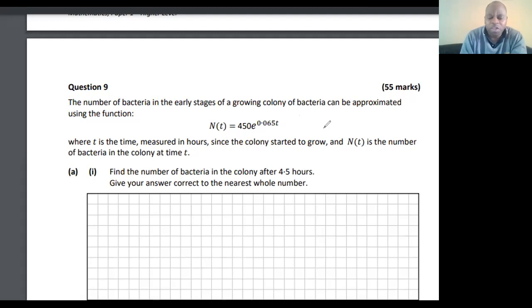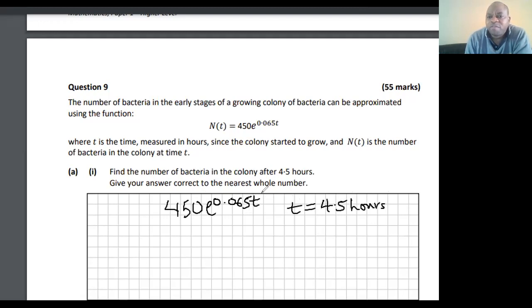The first part of the question is not difficult. All you need to do is find the number of bacteria in the colony after 4.5 hours. This is the number of bacteria, 450 e^(0.065t). At this point in time, your time is 4.5 hours.